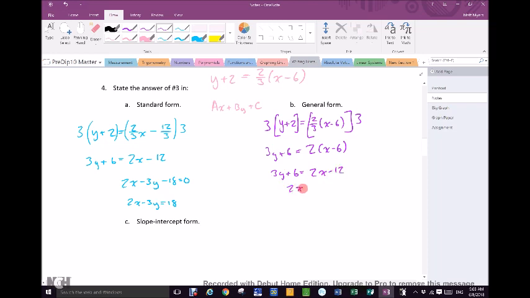And then 2x minus 3y minus 18 equals 0, and 2x minus 3y equals 18. And you get to the same answer regardless. I don't care which way you do this, but I know that a great many of you have issues when you are distributing a fraction. Okay?